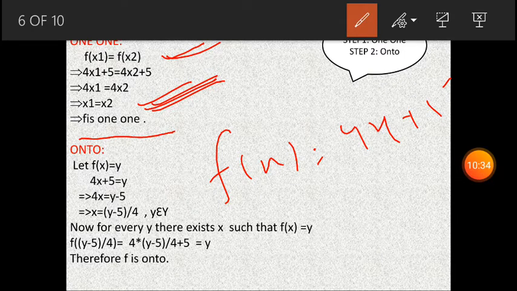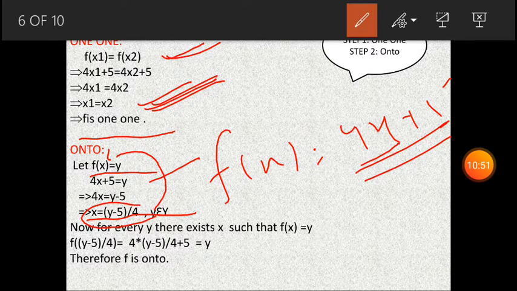Now to show that f is onto, first of all we are going to consider f(x) equals y. So 4x plus 5 equals y. So what is the value of x? (y minus 5) upon 4. So if we put this value in place of x here, the result comes out equal to y.